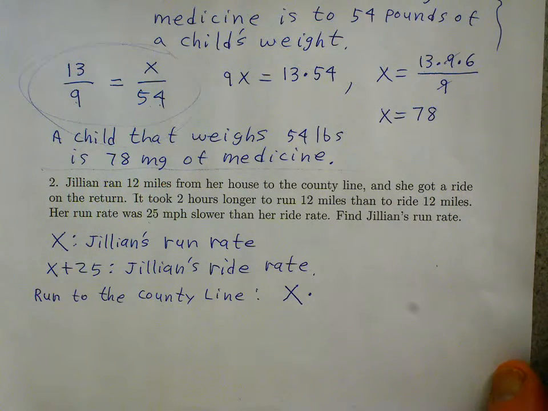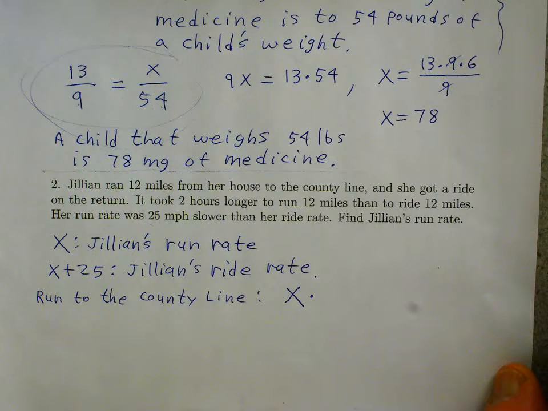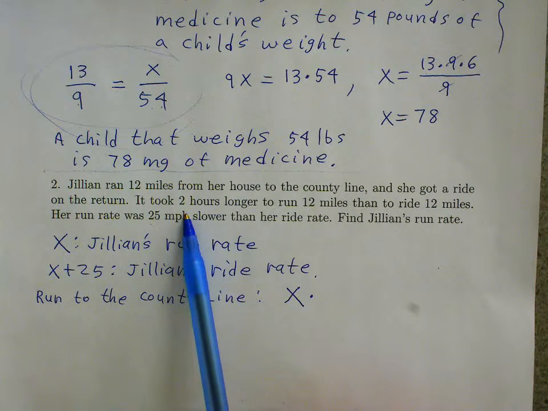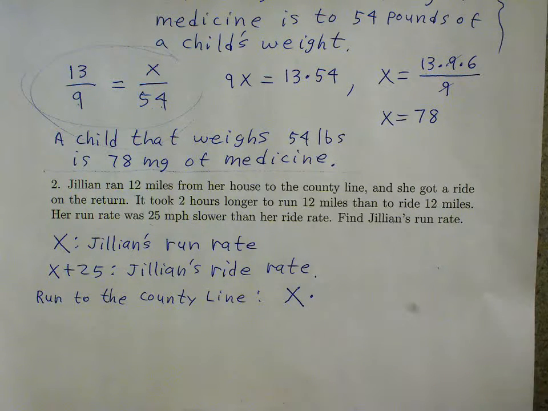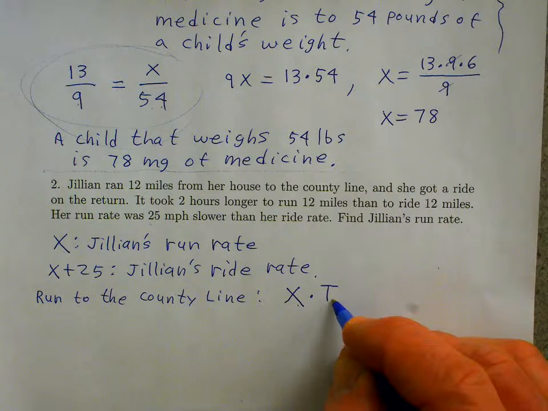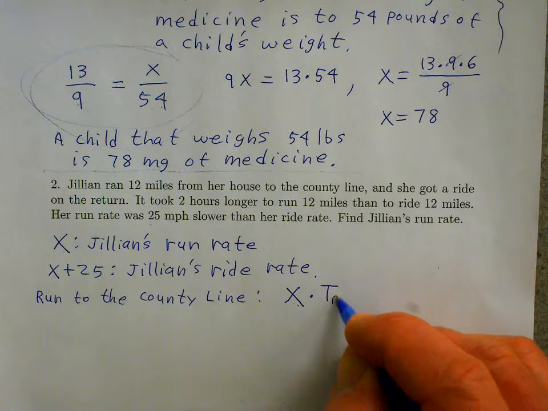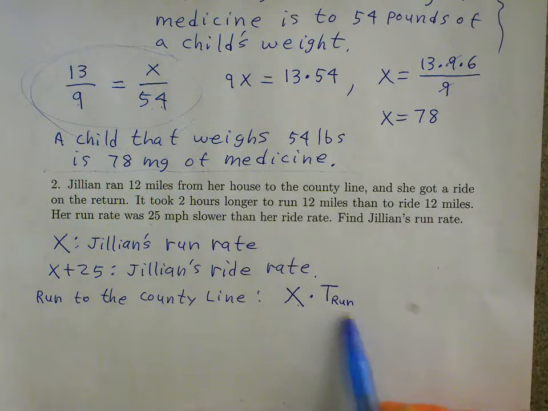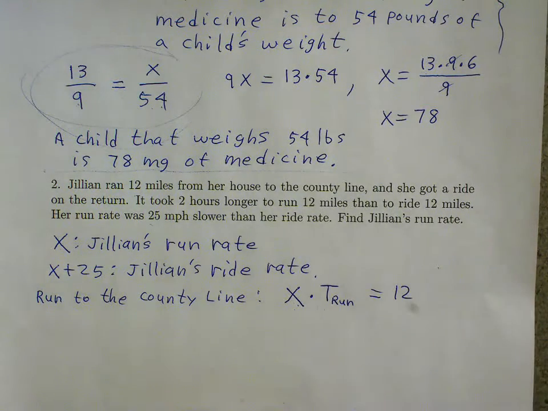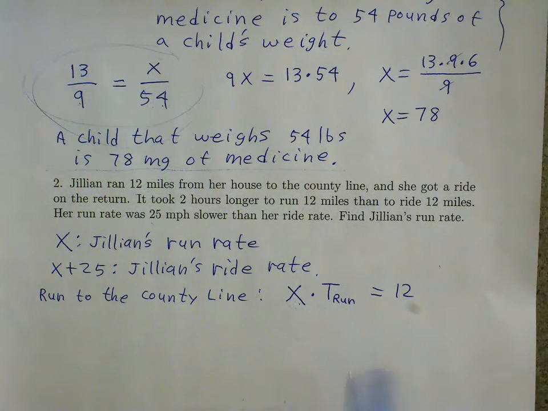We are not told the amount of time it took her to run 12 miles, but we are told that it takes 2 hours longer to run 12 miles than to ride 12 miles. So for now, let's use capital T sub run. So X miles per hour times the amount of time it took her to run 12 miles. So this at least gets us started.